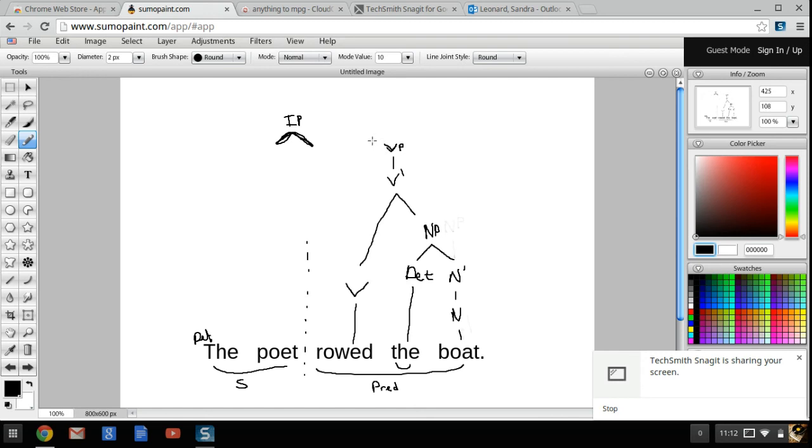Now, what's throwing a lot of people off is this I. What is this I for? The I indicates inflection. The I is there to attach to any kind of auxiliary verbs. So I know in the back of your book, the homework that I had for you, it attached, I think, should to the I over here.